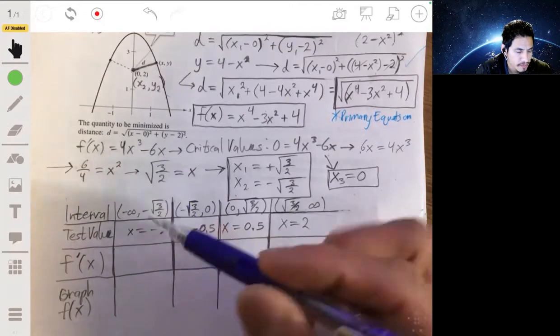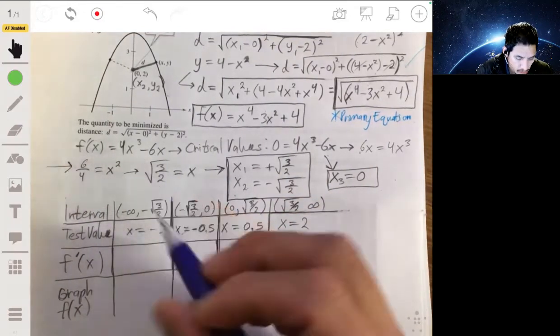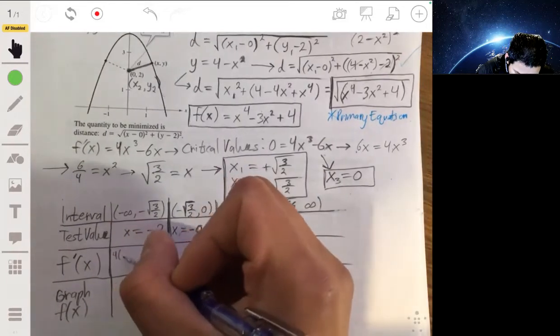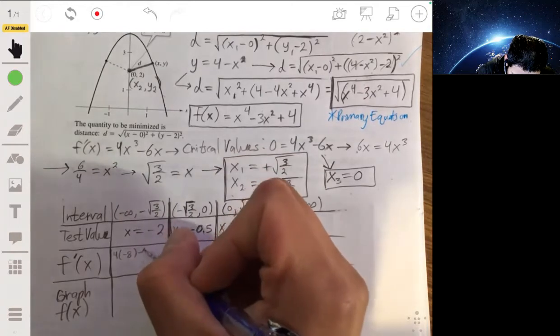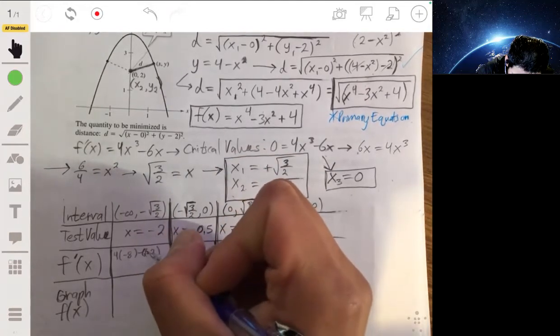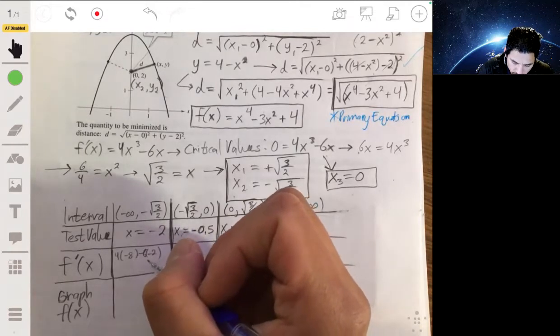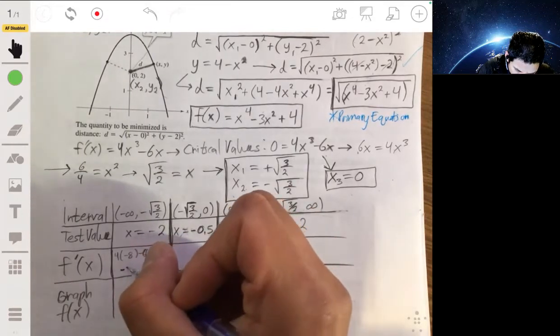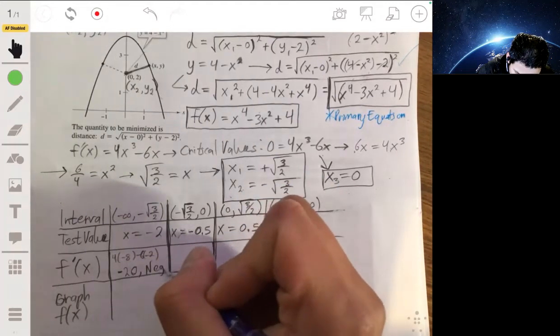F prime of negative 2, and you'll get 4 times negative 2 cubed, negative 8, minus 6 times the negative 2, negative 32 plus 12, so it'll be negative 20. You get a negative number here.